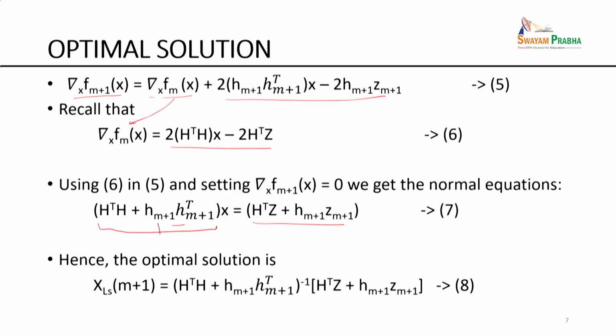So how can I write this optimal solution? The optimal solution x least square m plus 1 is equal to the inverse of this update plus that. We already know H transpose H is SPD. So this is invertible. Now we are adding a rank 1 perturbation to that.